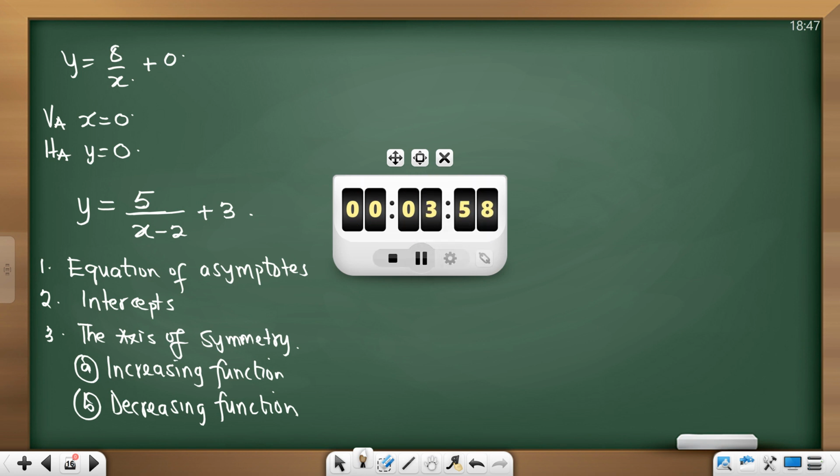Get your best shot, guys. These are basic things.